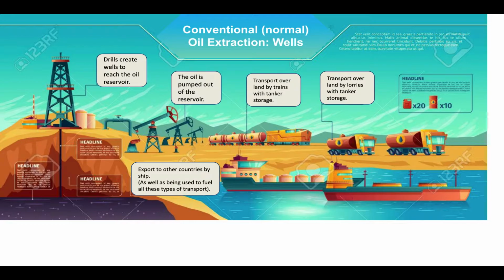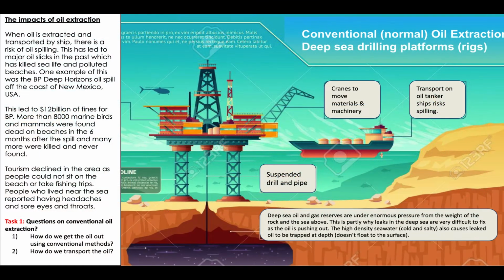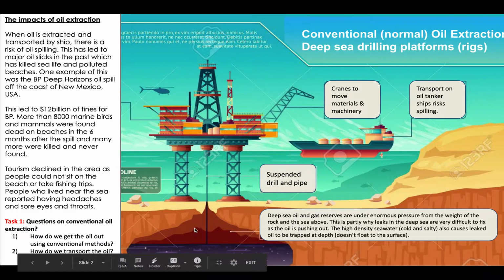But this is not the only place that we can dig. This is your classic southern Texas or maybe Saudi Arabia, digging in the desert. But we can also find a large amount of oil resources underneath our seabeds. And you'll find both oil and gas often underneath the seabed. And this, again, is considered normal oil extraction.